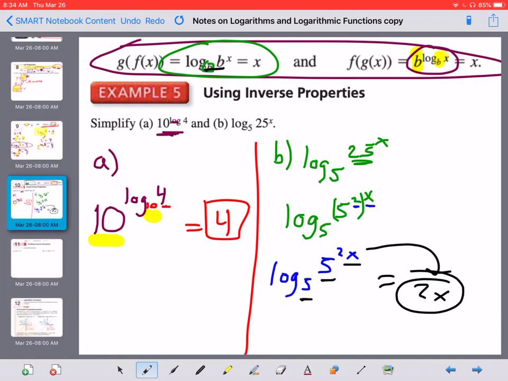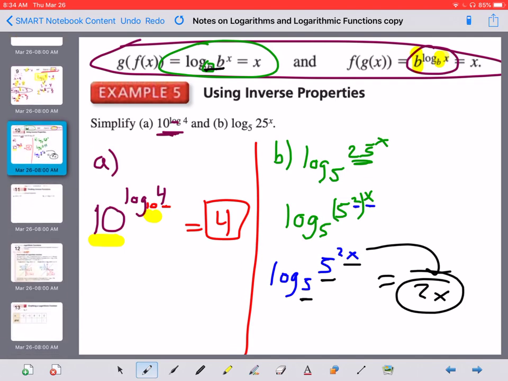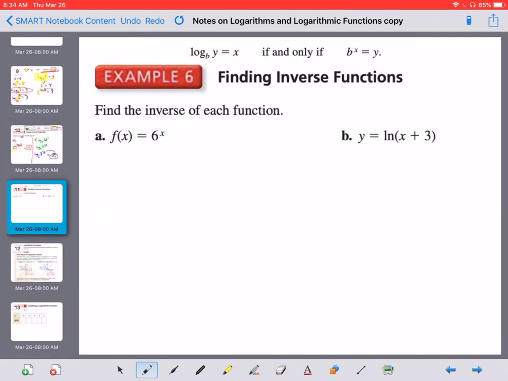So next page, find the inverse of each function. Okay, so what we can do, let's write y equals 6 to the x. Switch the x and the y to get the inverse. Okay, remember that is the inverse, but I really want to get y by itself.